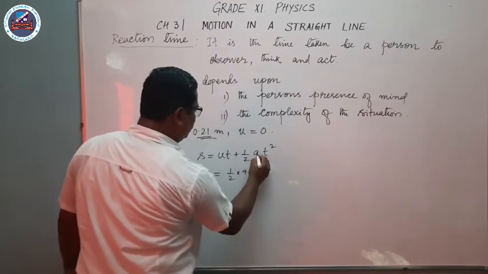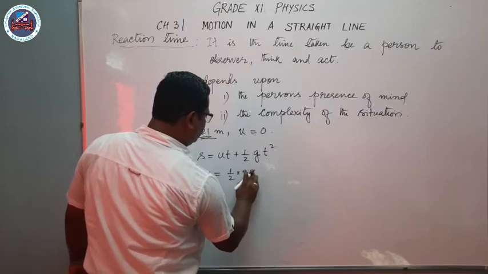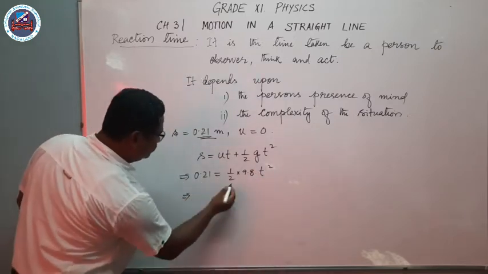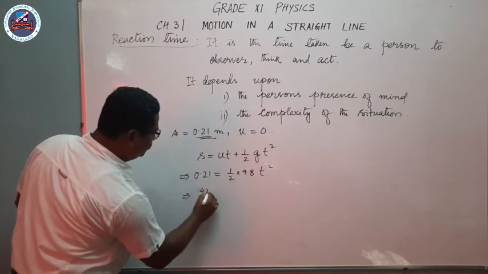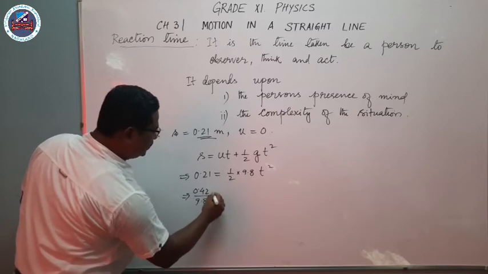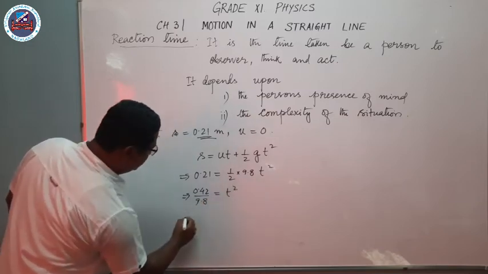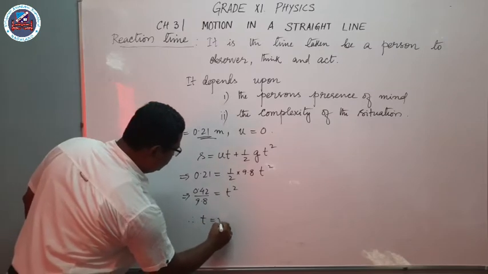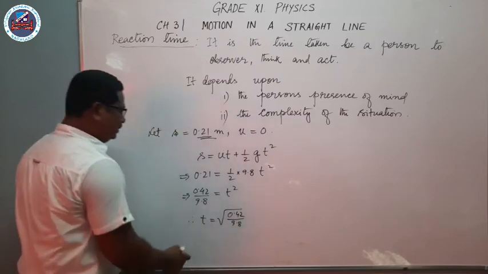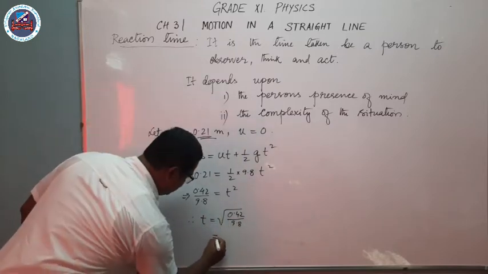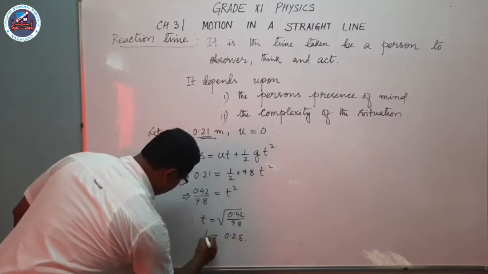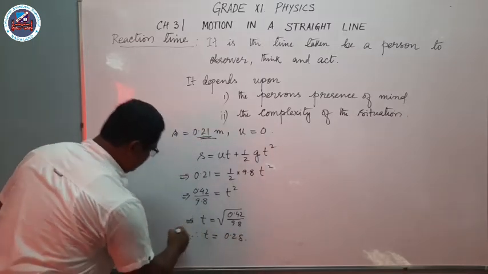You can take the value of a as g and then you will get t squared. If you multiply 0.21 with 2, divide by 9.8, equal to t squared. So therefore t will be square root of 0.42 divided by 9.8. On calculation, you will find this as 0.2 seconds. This will give us the reaction time.